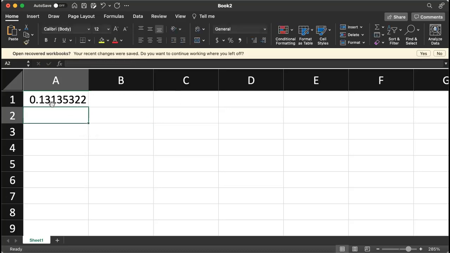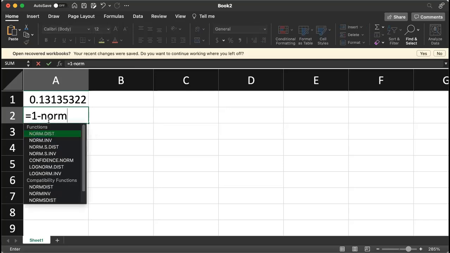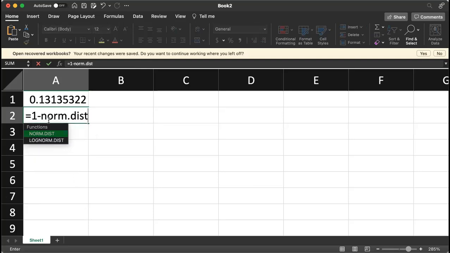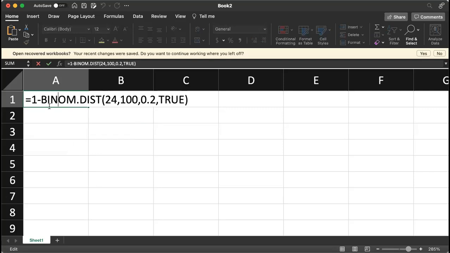And we get 0.13. Now, I also want to show you the answer you get using the normal distribution, because our answer is still even a little bit further off from that. Norm.dist. So now replacing this binomial part with a normal part.